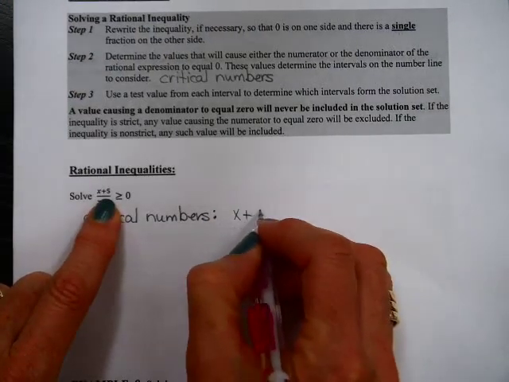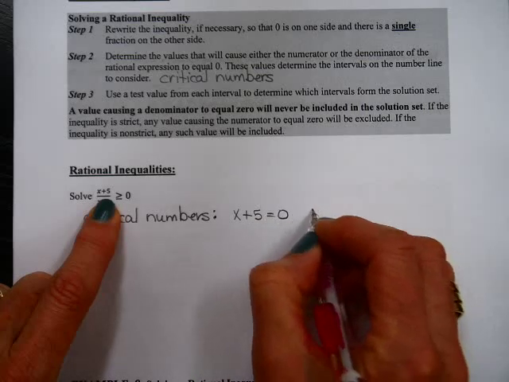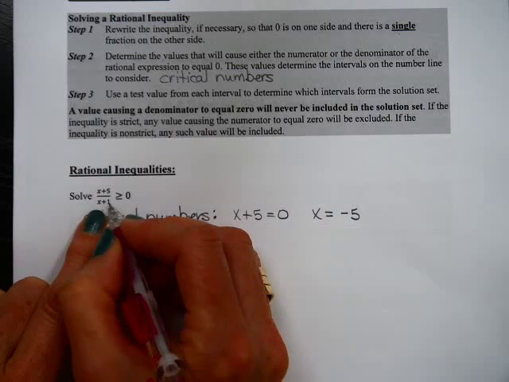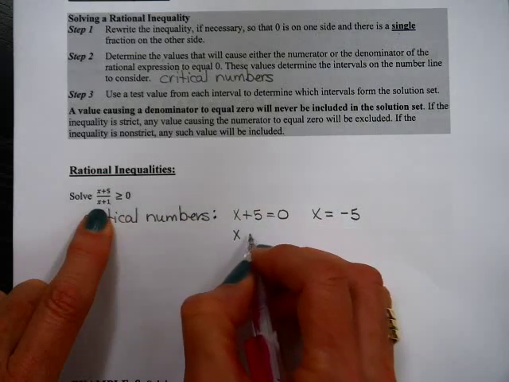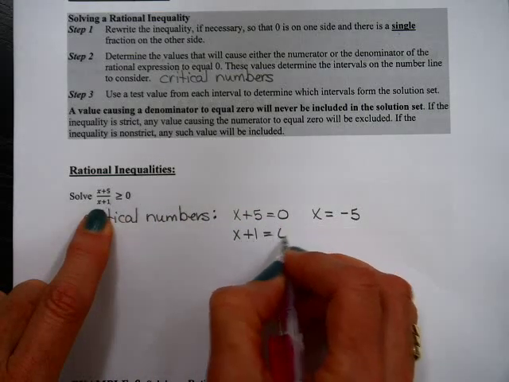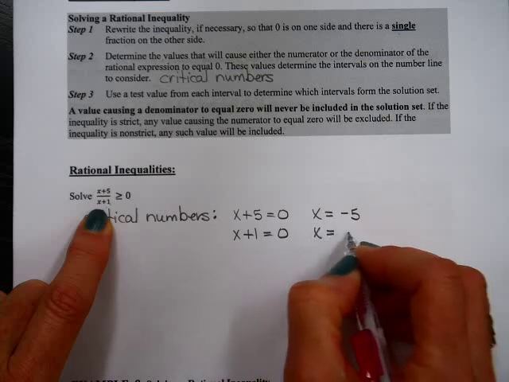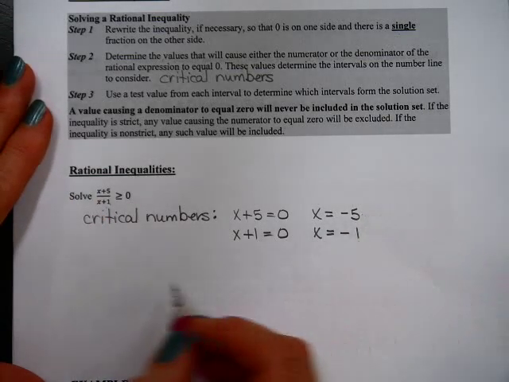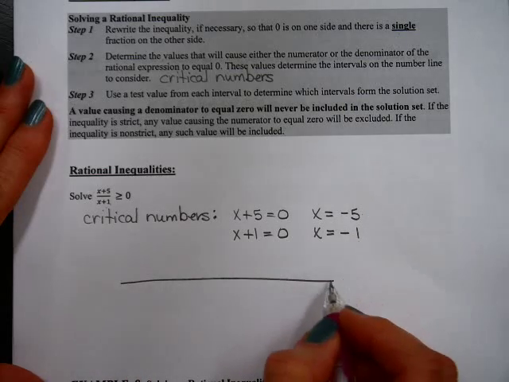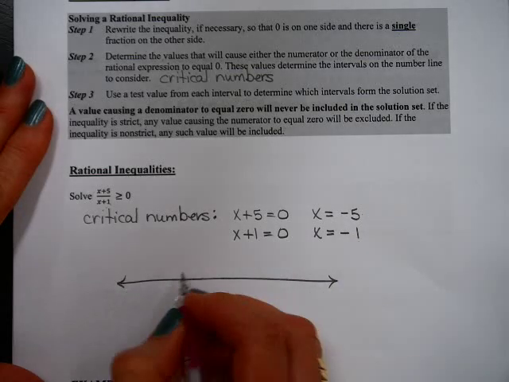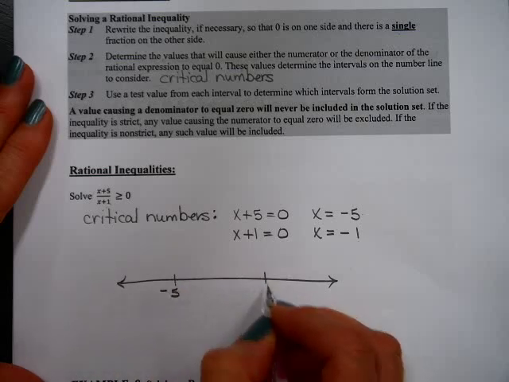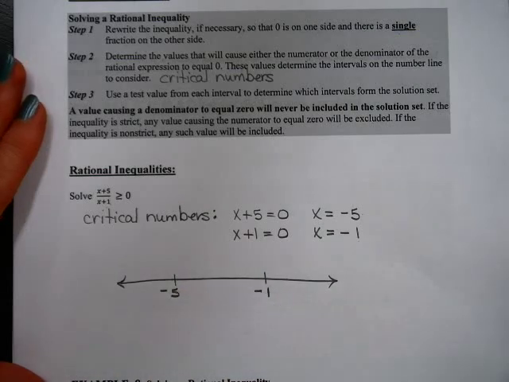Take x plus 5, put it equal to 0. That's going to give you x is equal to negative 5. Take the denominator and put it equal to 0. And that critical number is negative 1. So those are the two critical numbers that go on your number line. So we have negative 5 and we have negative 1.